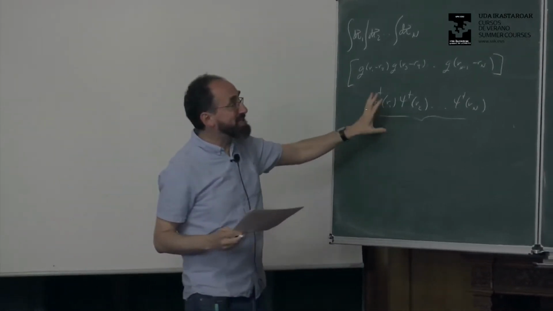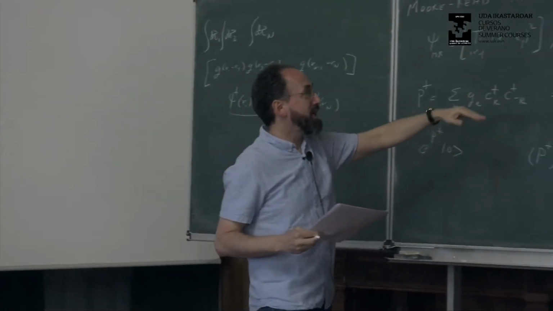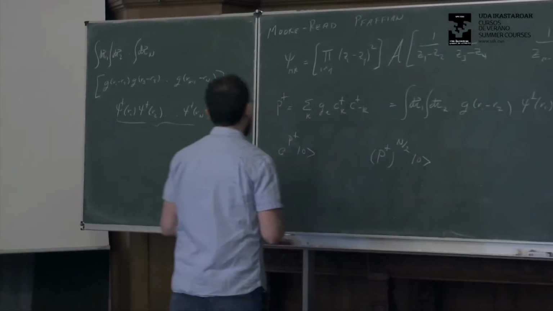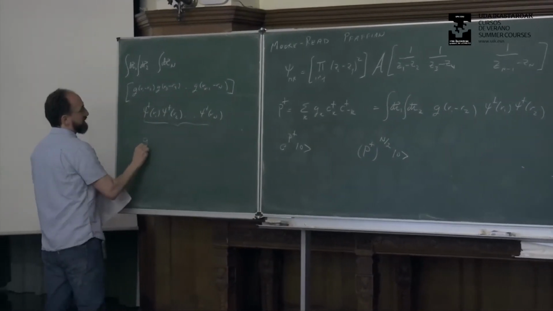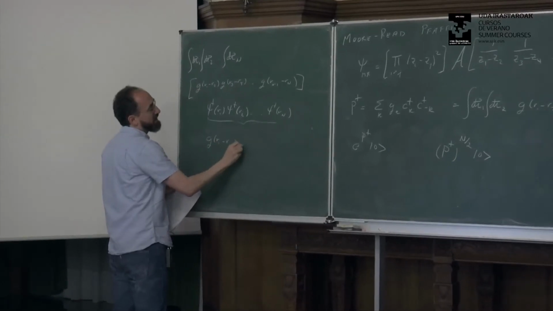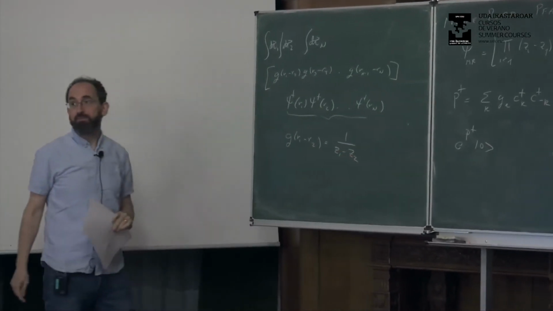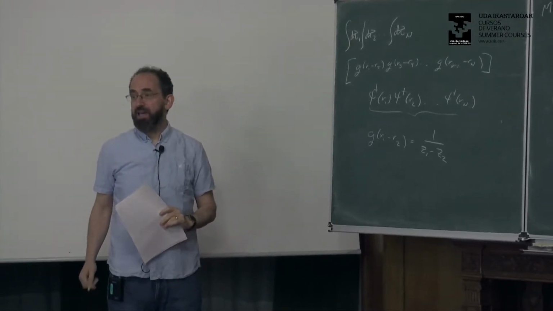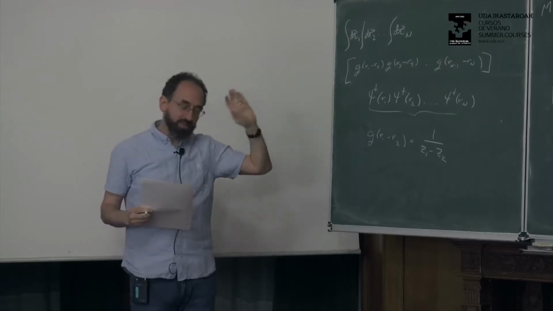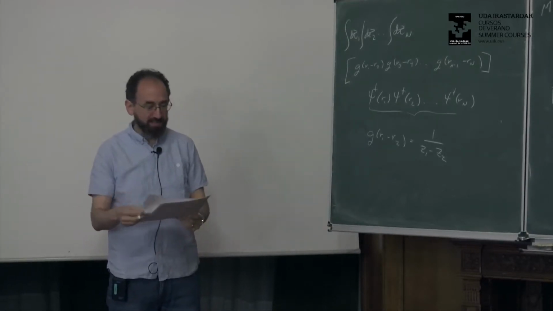So the BCS wave function projected to a fixed number of particles is exactly this, where we've now chosen g of r1 minus r2 to be just 1 over z1 minus z2. OK? People happy with that? Vaguely happy with that? Incidentally, this is done in Degen's book. He works through this, or at least states the result.